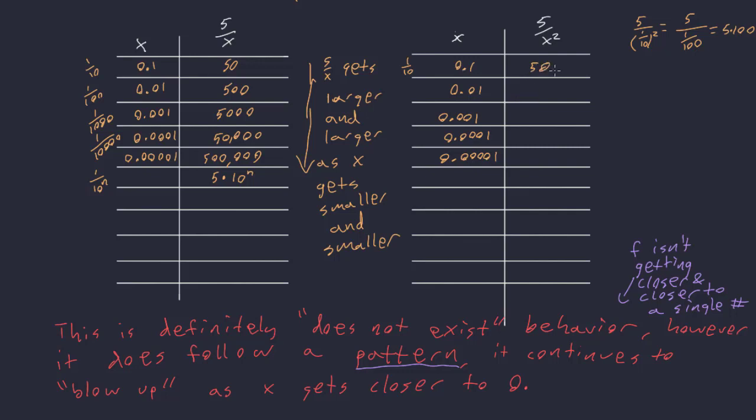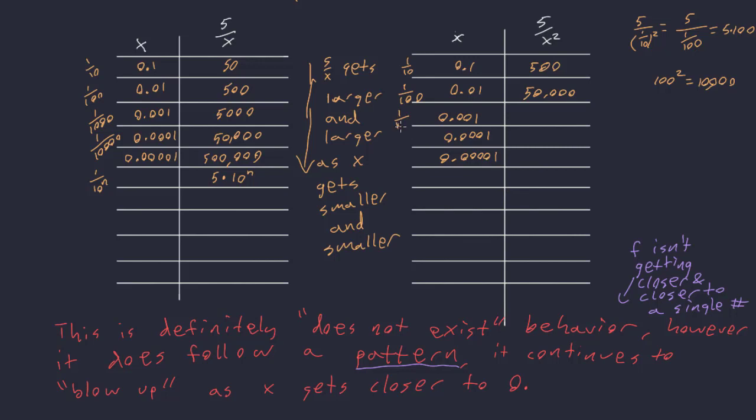So it's going to be 500. Then when x is 1 over 100, 100 squared is 10,000. So that's going to give us 50,000.